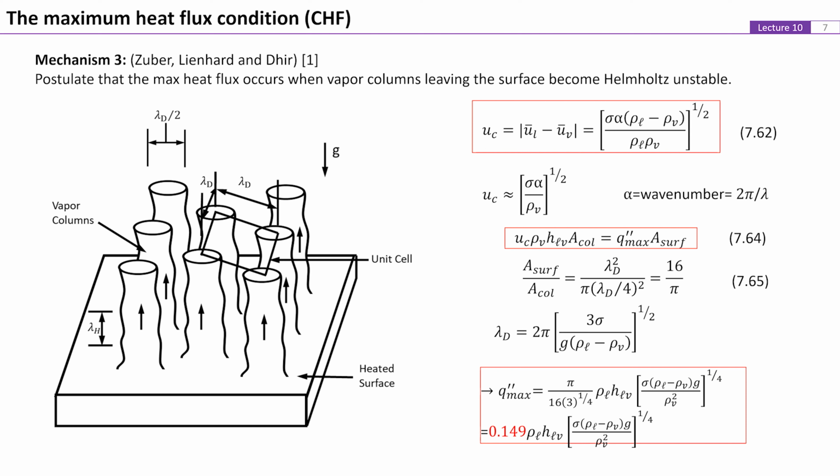Finally, the expression for lambda d and the maximum heat flux can be obtained. Note that the coefficient 0.149 here for the flat plate surface is derived by Leonard and Deer. It is different from the original coefficient derived by Zuber, which is 0.131.